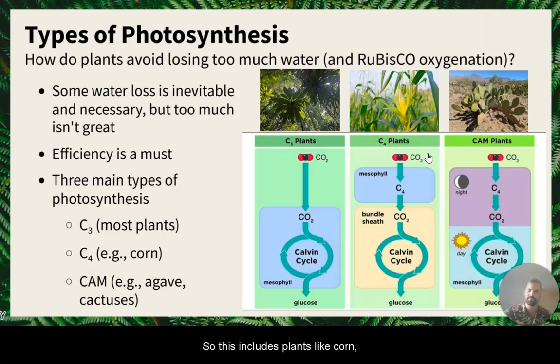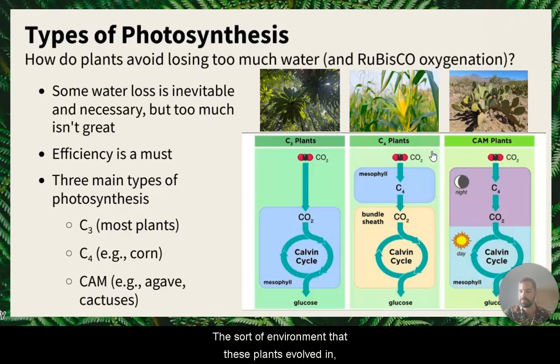So this includes plants like corn, by the way, and some of our other cereal crops. These tropical grasses are the sort of environment that these plants evolved in, these hot, somewhat humid, but hot environments.